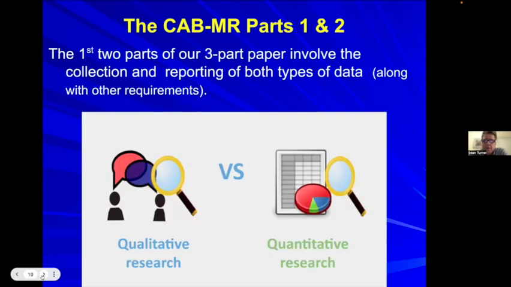So let's get down to what you really want to know, which is seen in the class. The first two parts of our three-part paper involve the collection and reporting of both types of data. There's qualitative and quantitative.